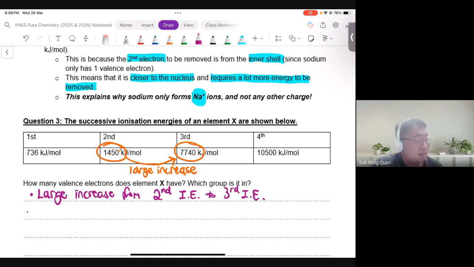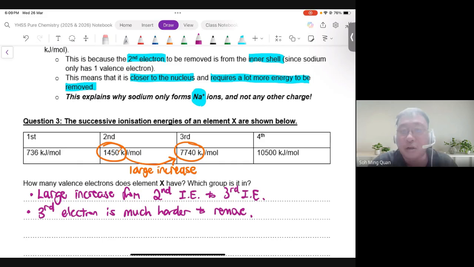What this means, this implies the third electron is much harder to remove. Right? So why will the third electron be much harder than the second electron to remove?